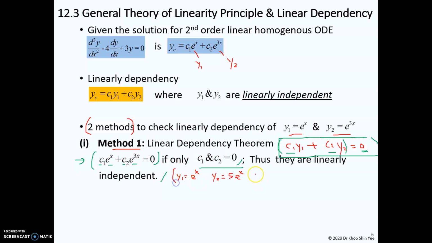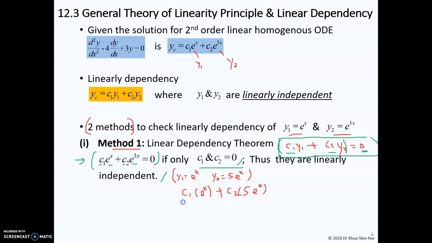In this example, you have y1 and y2 equal to these values. Let's try to find whether they are linearly independent or linearly dependent. To check the linear dependency of these 2 solutions, let's form c1y1, where your y1 is equal to this, plus c2y2.